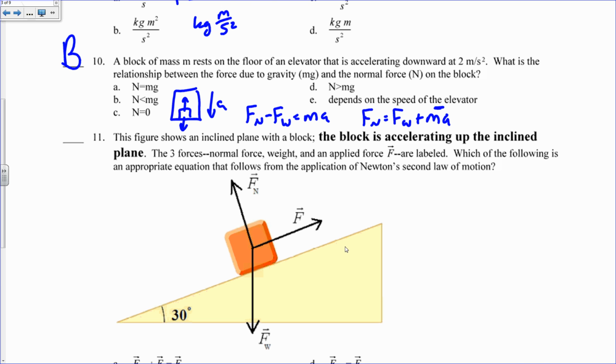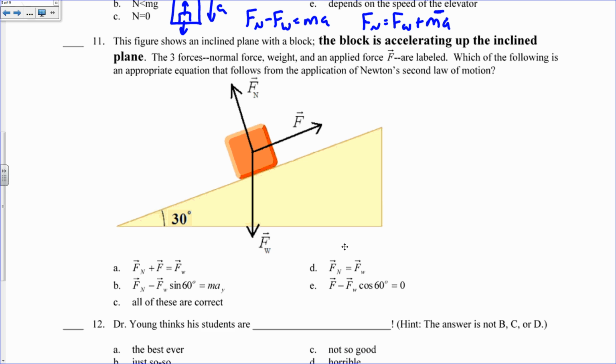This figure shows an inclined plane with a block. The block is accelerating up the inclined plane. That means that the acceleration is not 0 in the x direction.